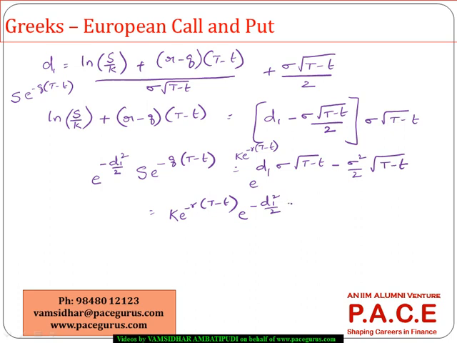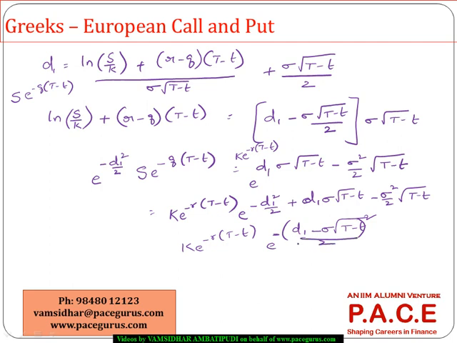So overall it is working out to e power d1 sigma root T minus t minus sigma squared by 2 root T minus t. Overall it is working out as K e power minus r T minus t, and this is working out as e power minus of d1 minus sigma root T minus t whole squared by 2.